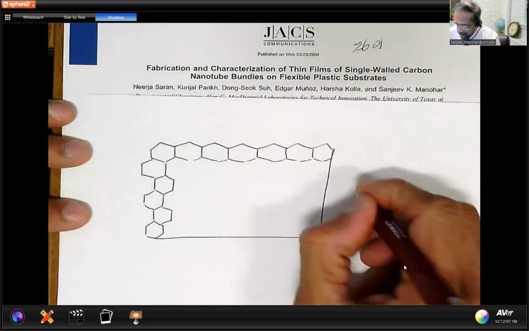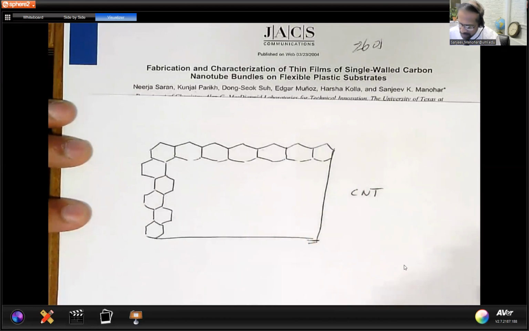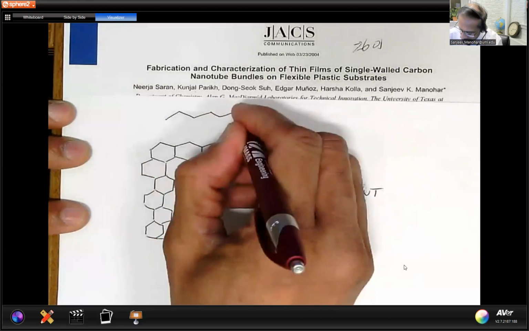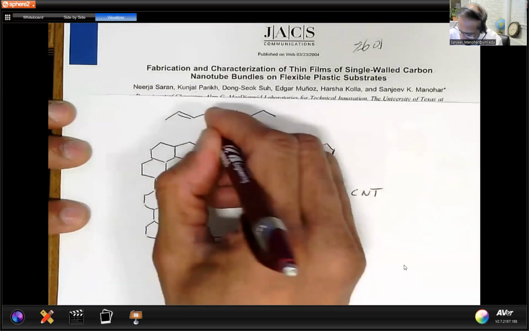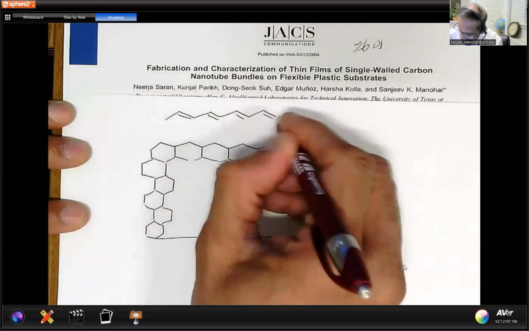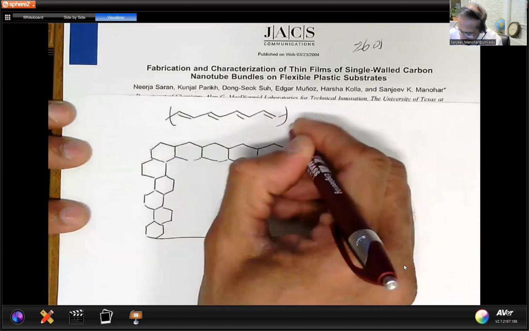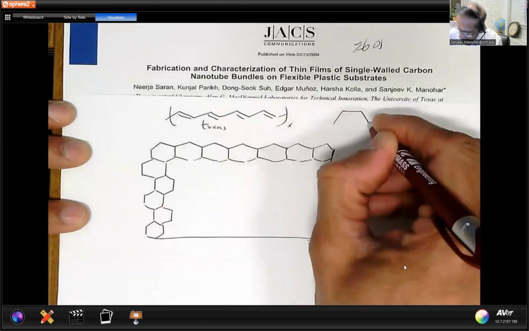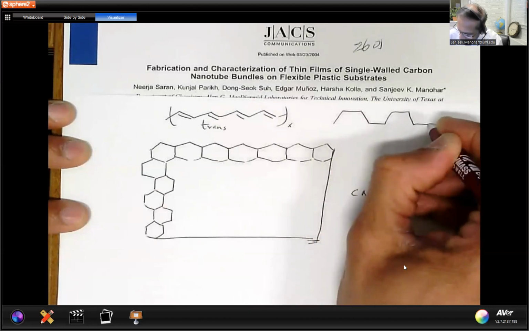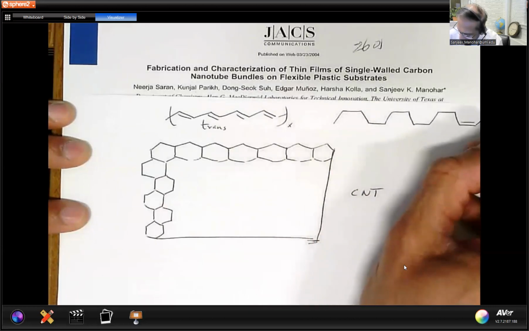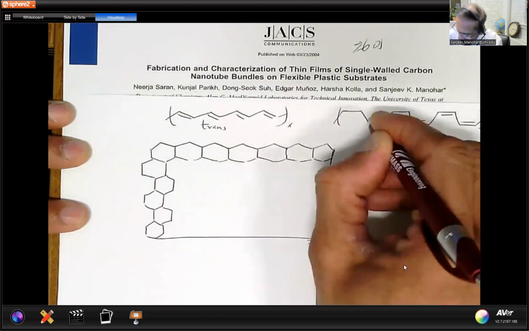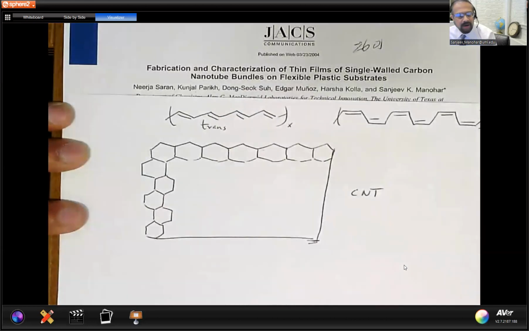This is carbon nanotube, right? What is polyacetylene? Polyacetylene has 2 forms, correct? That's the trans, and that is the cis, right? You're asked to find a structural similarity.